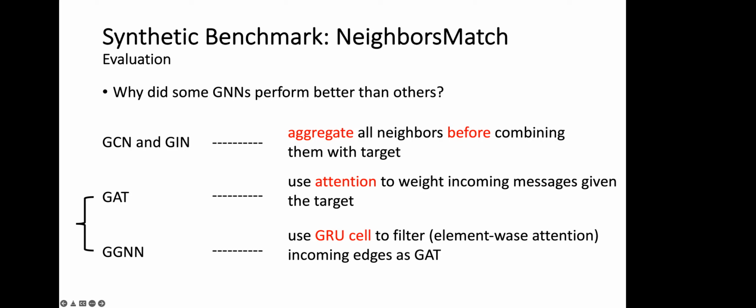So in this case, the node representation at the last layer will only contain information flowing from half of the leaves, which means a single vector compresses only half of the information. So GAT and GGNN perform better than GCN and GIN.